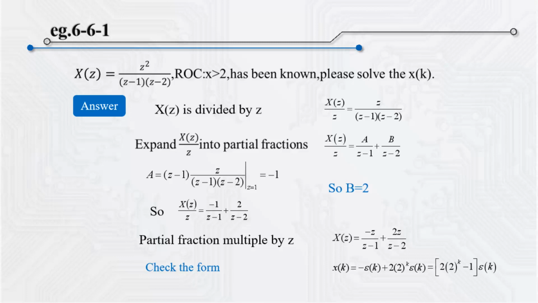Then everyone can see such a form. At this time, according to the convergence domain, the modulus of z greater than 2 is the causal sequence. So after we look up the table, the original sequences corresponding to these two partial fractions are in the form of causality. This is the corresponding example given by us.